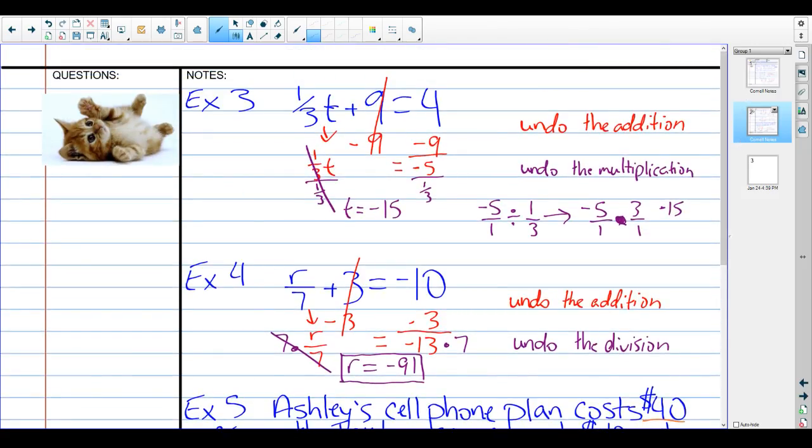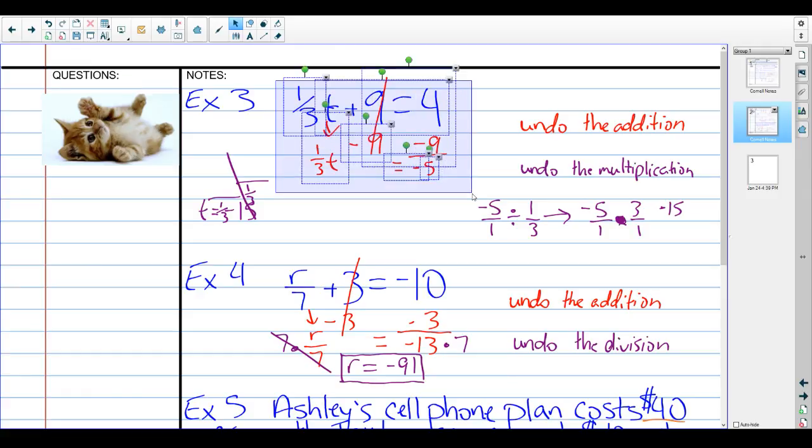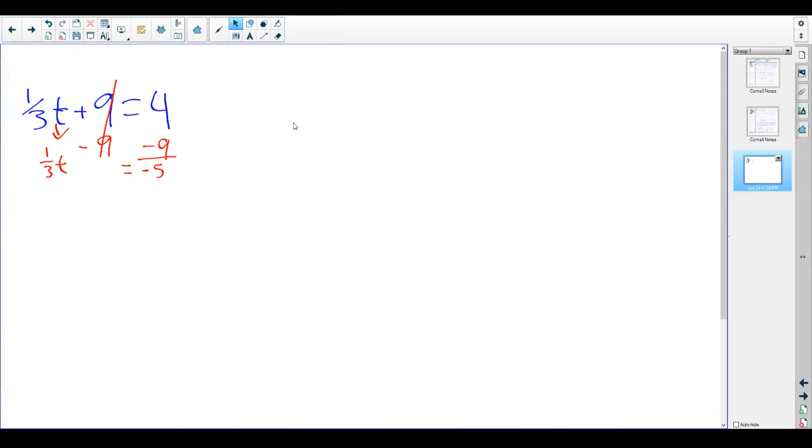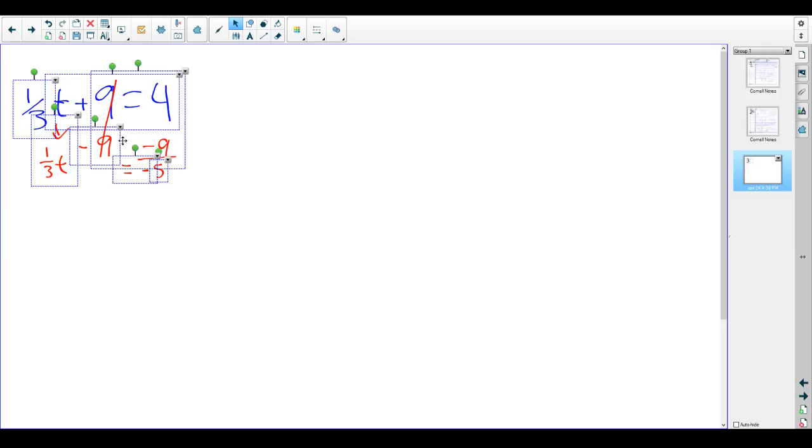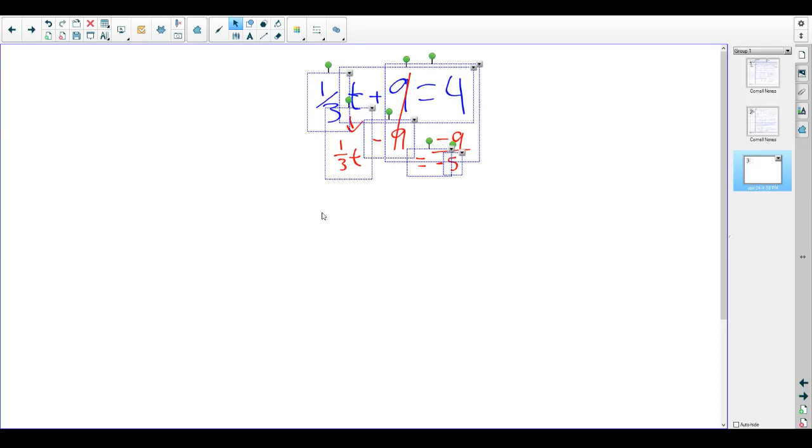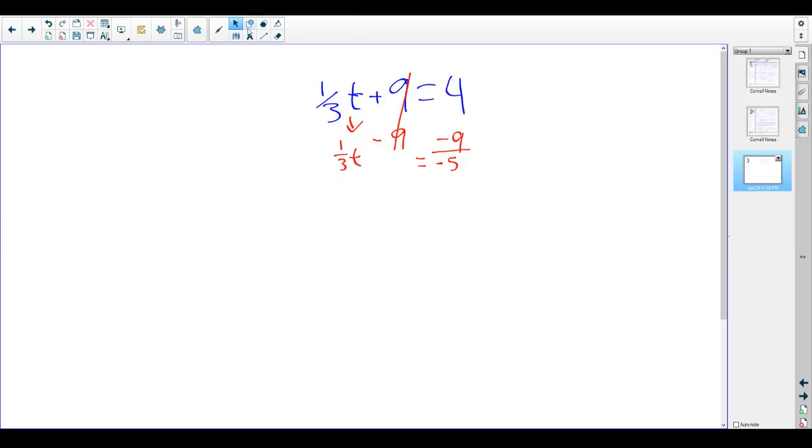All we're going to do now, as I said we would, is look at another way to solve this equation here.